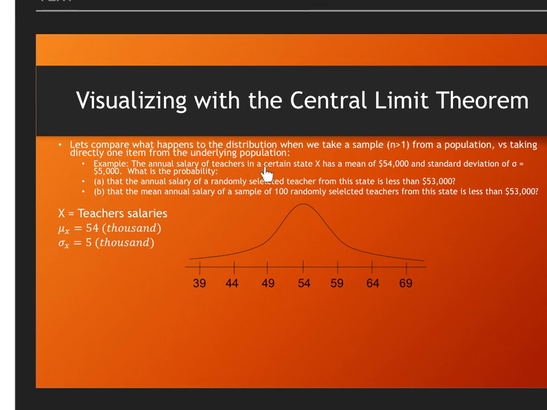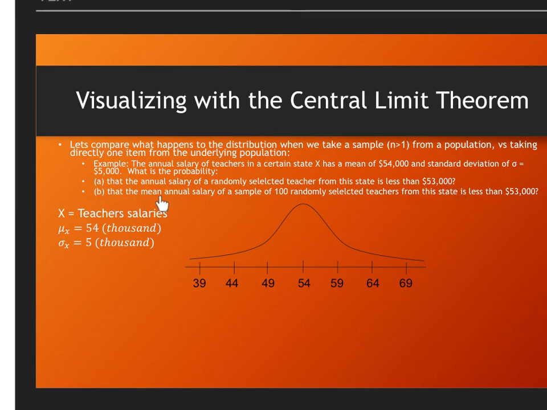So the annual salary of teachers in a certain state X has a mean of 54,000 and a standard deviation of 5,000. What is the probability? And we're first going to look at on this slide that the annual salary of a randomly selected teacher from the state is less than 53,000.